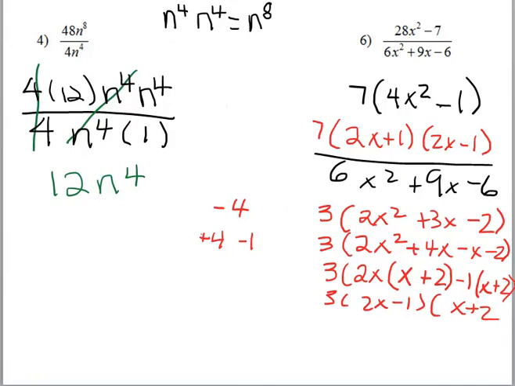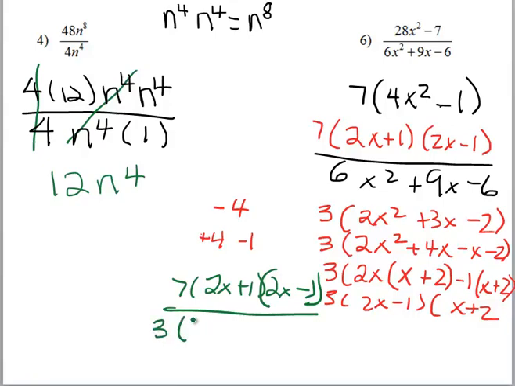And now let's wrap it all up and see what we've got. From here, I have 7 times 2x plus 1 times 2x minus 1 over 3 times 2x minus 1 times x plus 2.